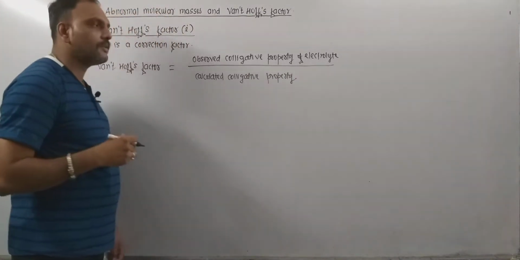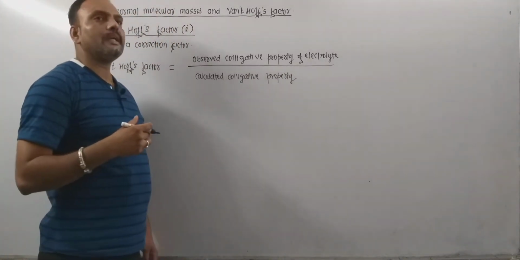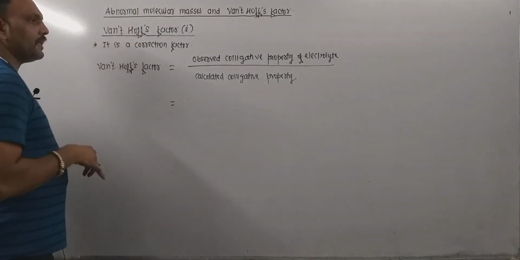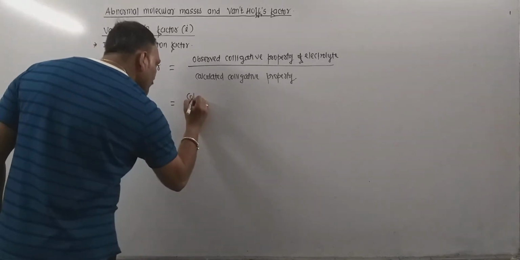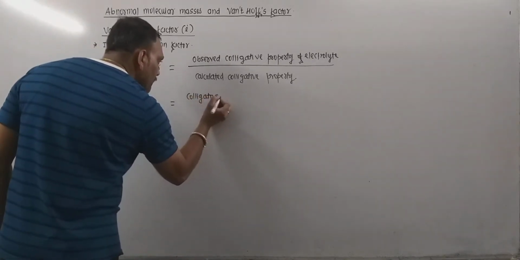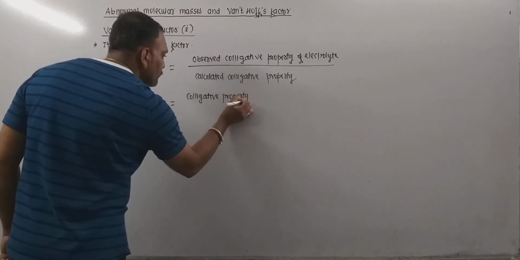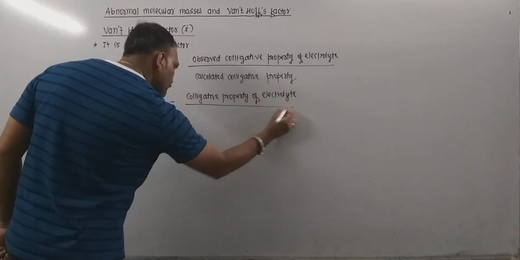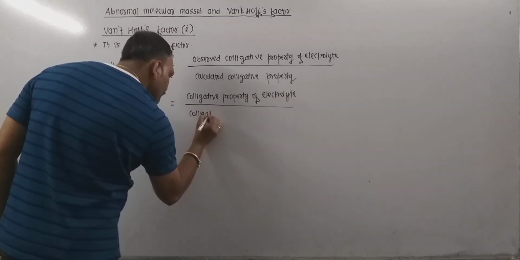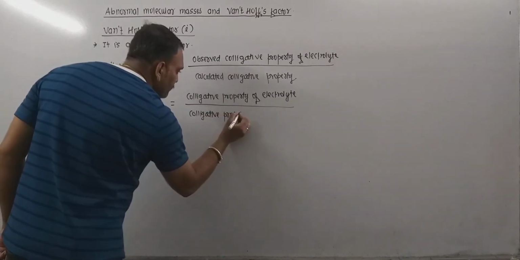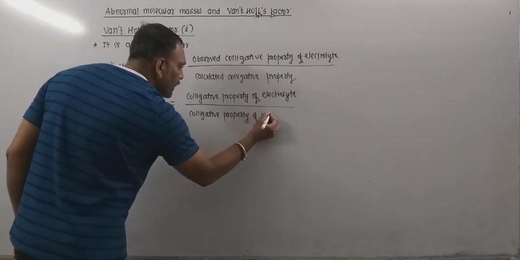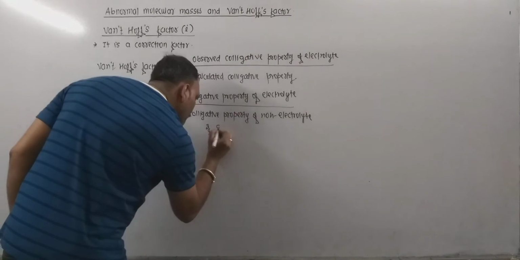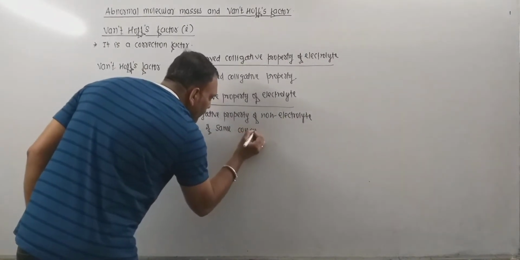And when we do that, we must use the non-electrolyte solution. So in simple words, in another way one can say that the colligative property of electrolyte upon the colligative property of non-electrolyte of same concentration.